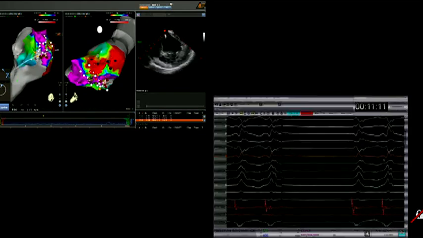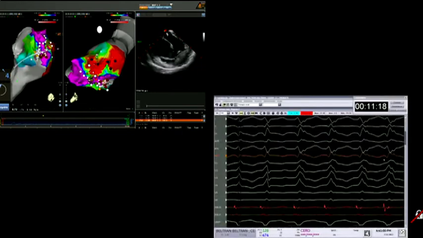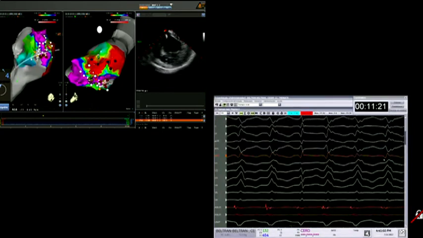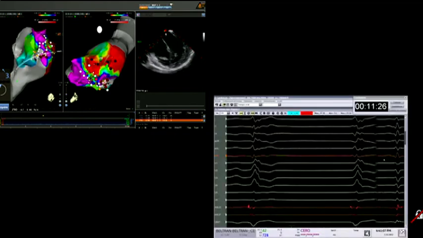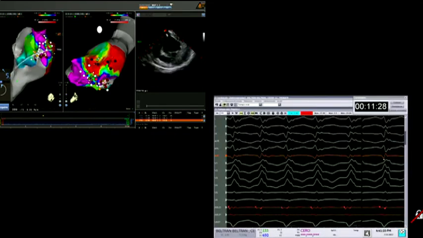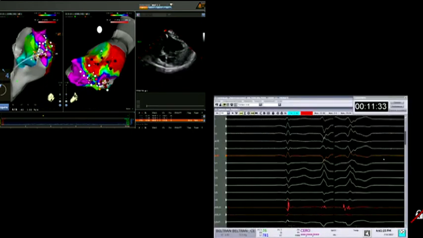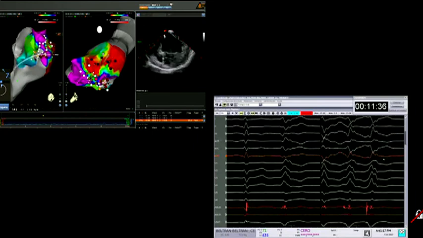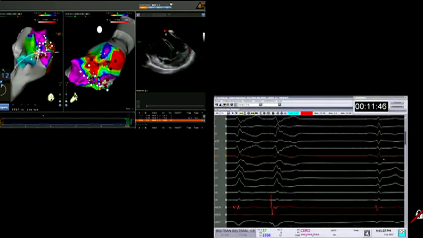Well, let's try to identify one point in sinus rhythm. Okay, let's see the sinus rhythm and try to have better contact.